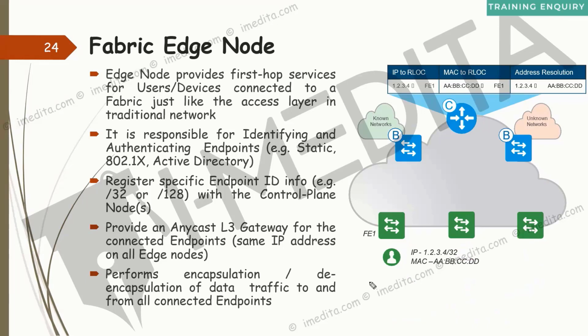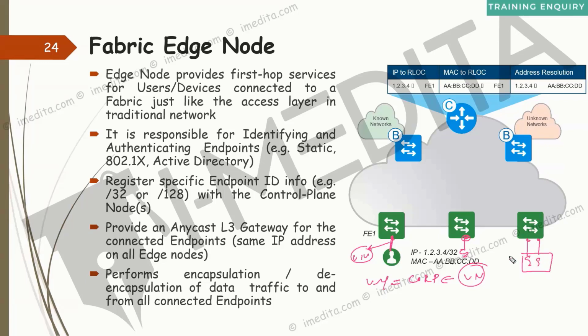Let's say we have created a VRF called Corp. In terms of SDA, we call that VN, virtual network. Let's say we have created a VN called Corp. In this VN Corp, we have our corporate users. So this is one interface that is going towards a corporate user, part of the VN Corp. An interface going towards the corporate user, part of the VN VRF Corp. Same here as well.